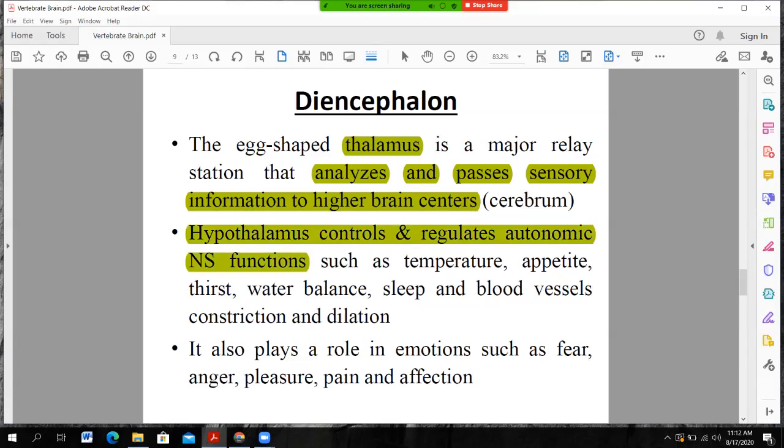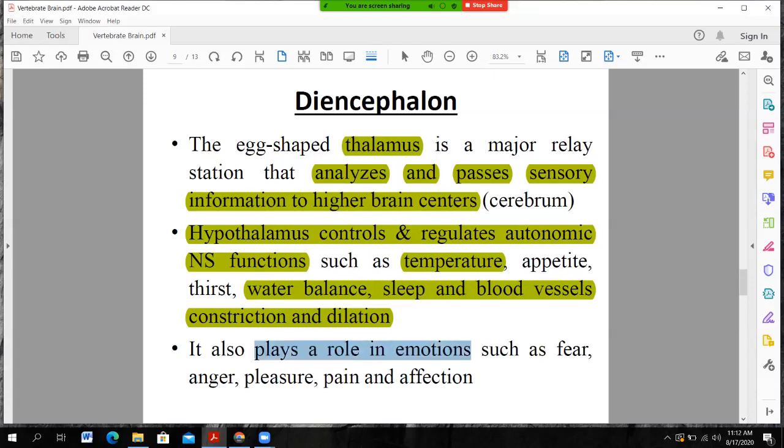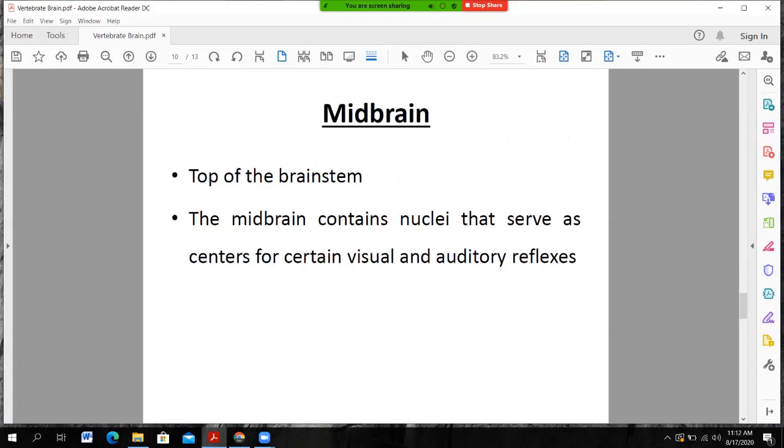For example, it regulates temperature, appetite, thirst, water balance, sleep, and blood vessel contraction and dilation. All the autonomic nervous system functions are under the control of the hypothalamus. And you know, the hypothalamus also plays a role in the control of emotions such as fear, anger, pleasure, pain, and infection. All these functions are under the control of the hypothalamus.